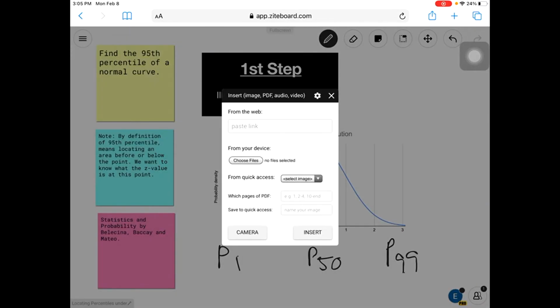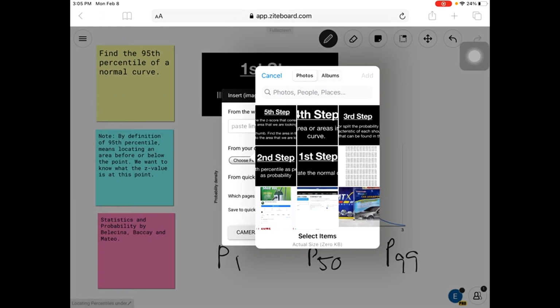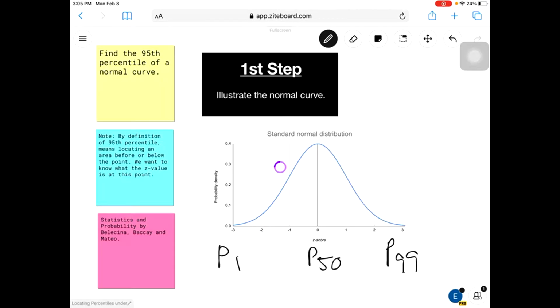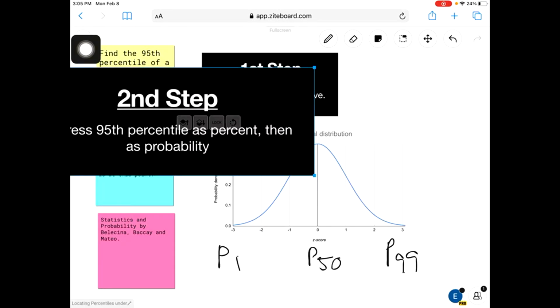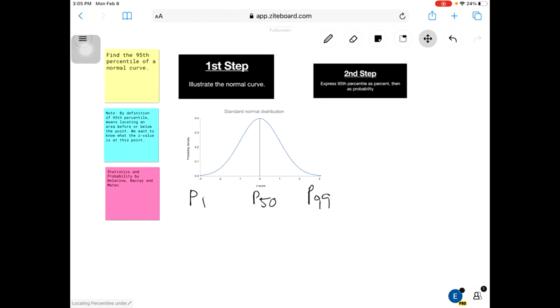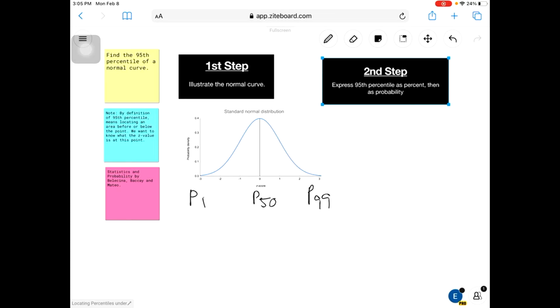Let's proceed to step number 2, which is to express the percentile as a percent and then as a probability. Express the 95th percentile as a percent: 95%, which is equal to, as a probability, 0.9500.